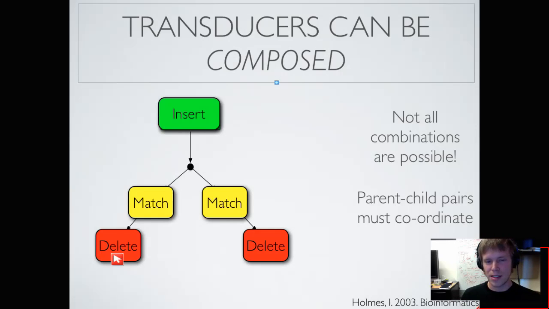And so this leads to the notion of coordination of these transducers that are composed on the tree. Here we have one example with a 3-node tree and a sequence being emitted at the root, and two matched transducers that absorb and then emit sequences down to the leaves of the tree.